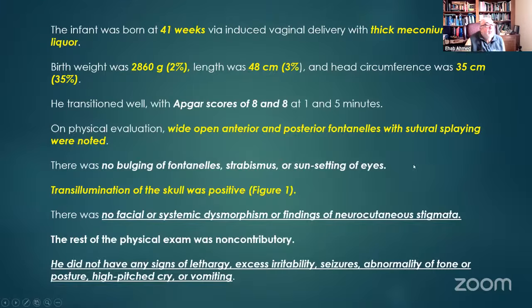Okay? This is the transillumination. What do you see here? Is this normal or abnormal? When you shine light through the skull of the baby, what is normal and what is abnormal? Is this normal?